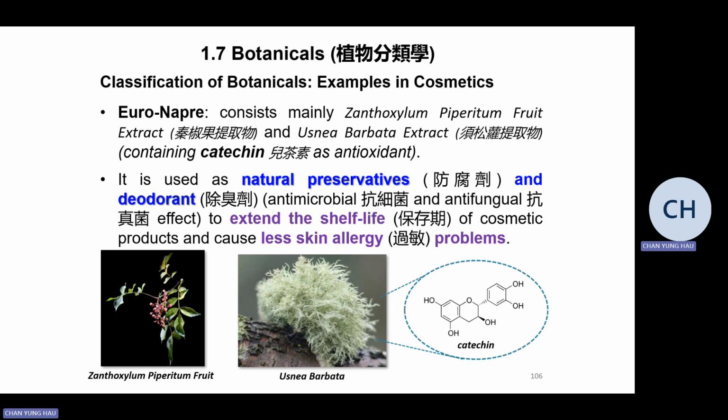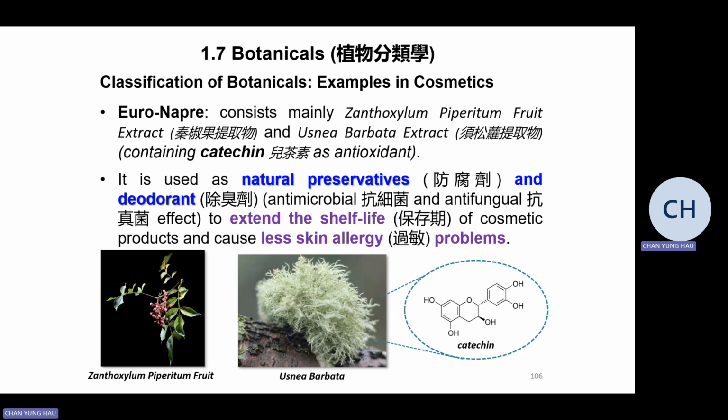So it is suggested to use natural preservatives. Is there any natural preservative that we can commonly buy from the raw material supplier? In fact, one of them is called Euronapri. It consists of natural extracts, and all in all, it contains catechin as the antioxidant.